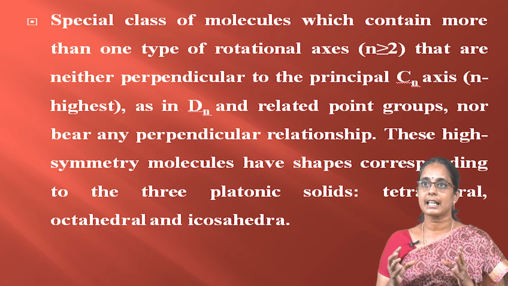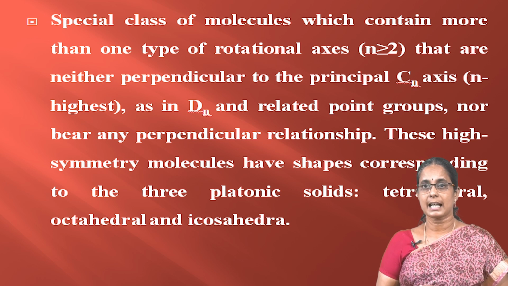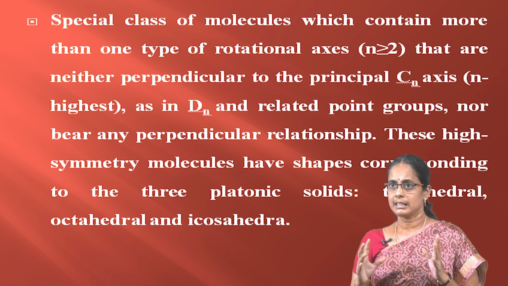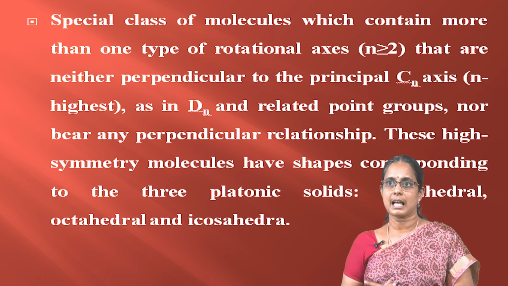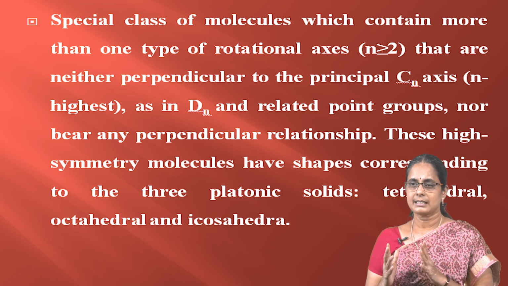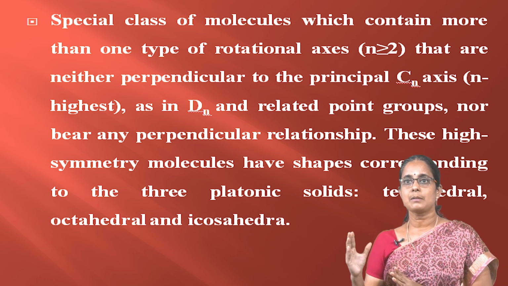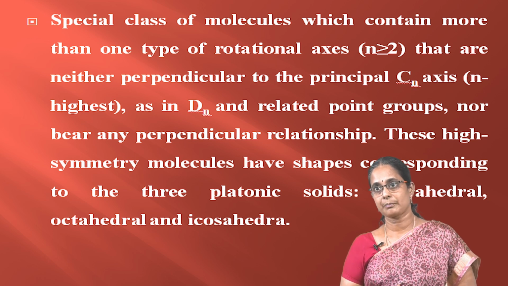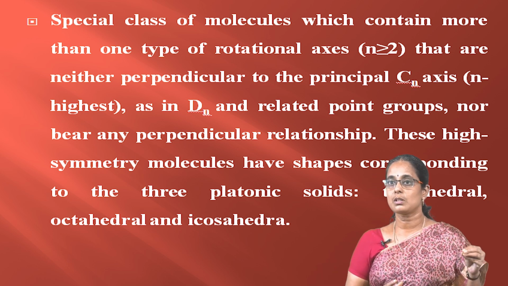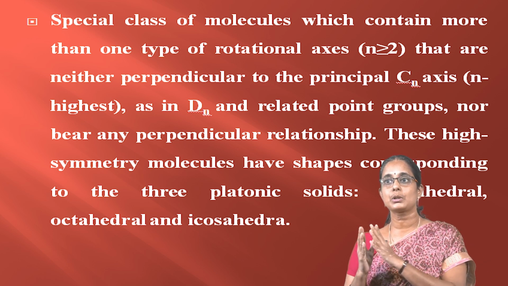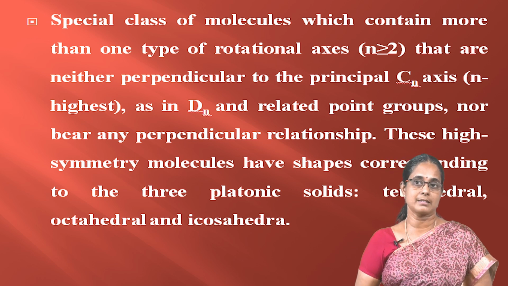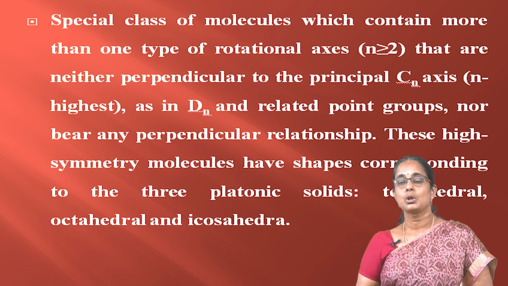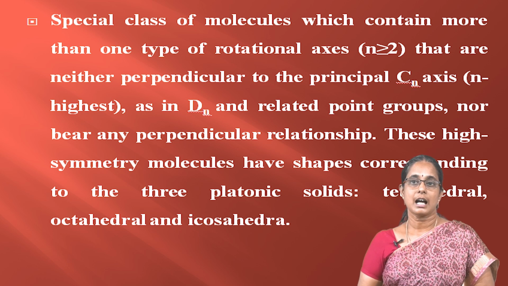This is the special case of molecules which contain more than one type of rotational axis, not perpendicular to the principal axis as in the Dn and related point groups. These high symmetry molecules have shapes corresponding to the five platonic solids: tetrahedral, octahedral, cube, dodecahedral and icosahedral.